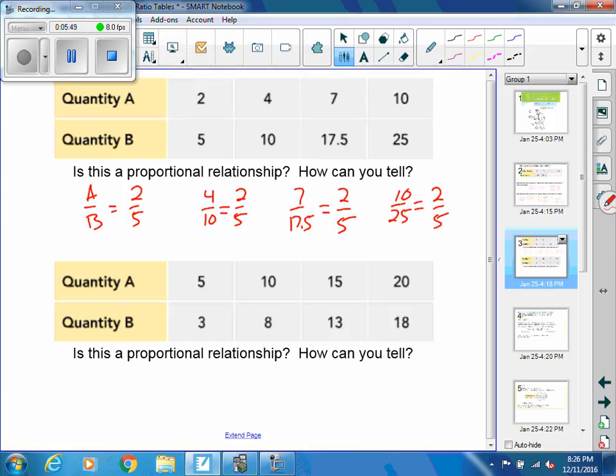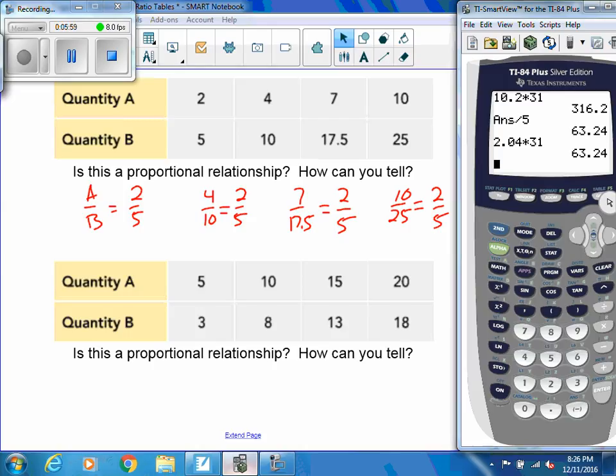Now another thing you could do is if I took A over B here and I just divided those, I'll go to the calculator here, but if I take 2 divided by 5, I get 0.4. If I take 4 divided by 10, I get 0.4.